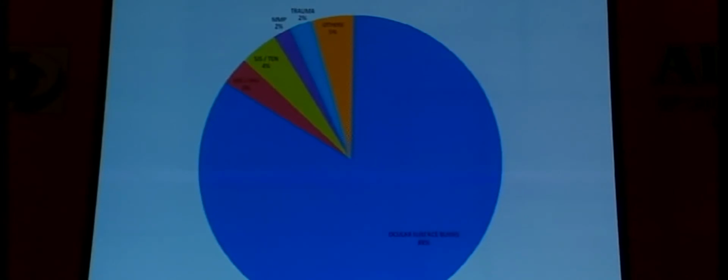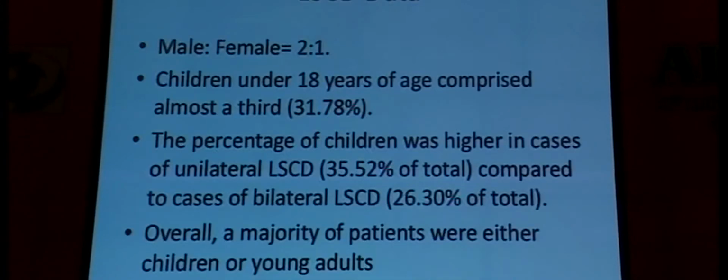If we break down the causes into unilateral and bilateral, the major causes of unilateral LSCD are shown in this pie chart. The major chunk is ocular surface burns, almost 84% of the cases, and the rest take up minor chunks.